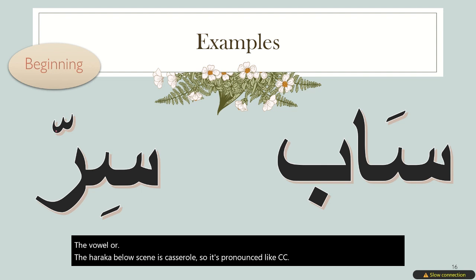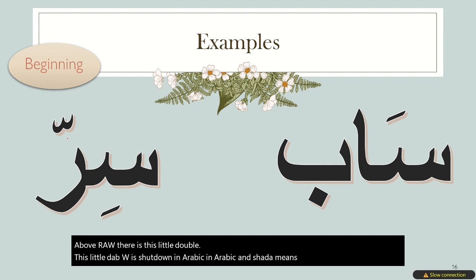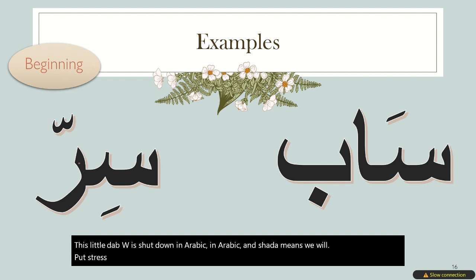And above ra, there is this little W. This little W is shadda in Arabic, and shadda means we will put stress on this letter. We will pronounce it doubled 2 times.